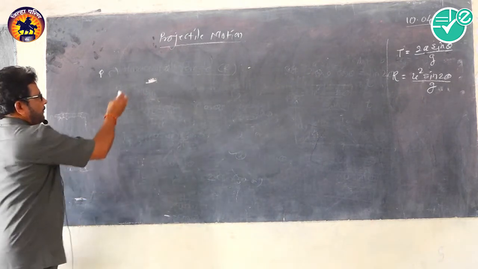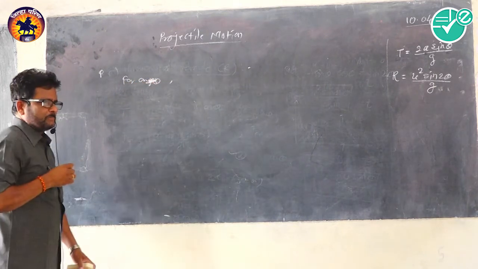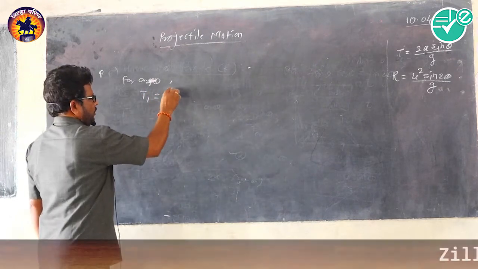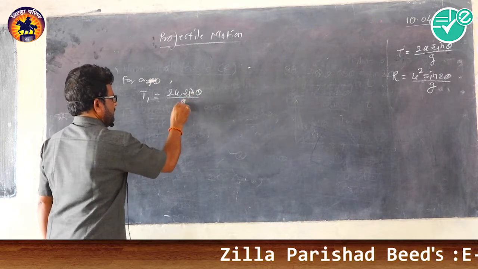Now for angle theta, time of flight t1 is 2u sin theta upon g.